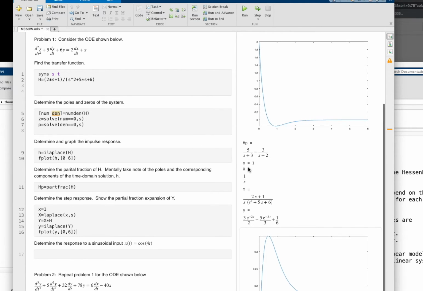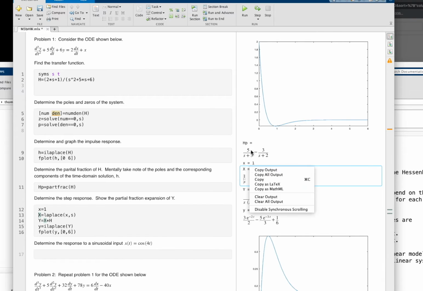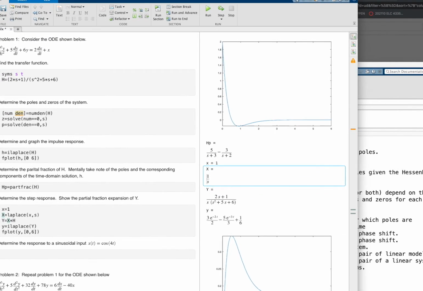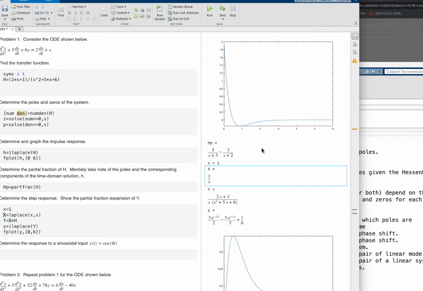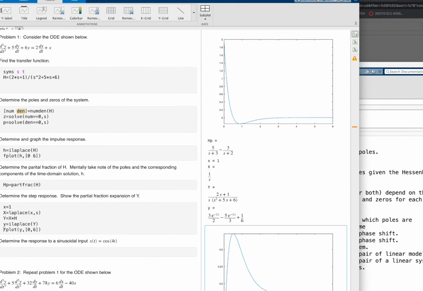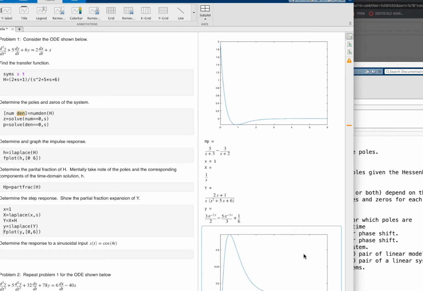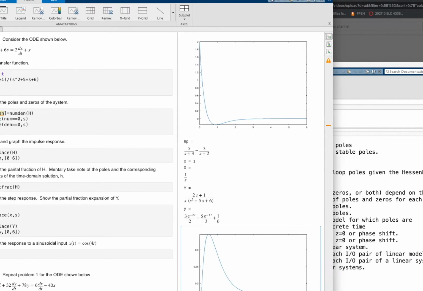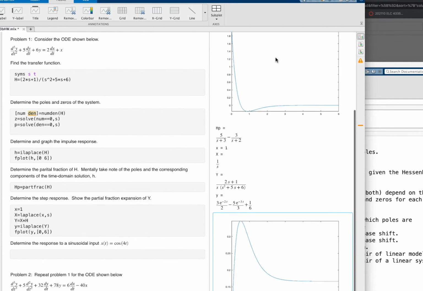Okay, so what I see here from the plot is, let's see if I can move this window around. I can't get it to scroll. Darn. Okay, so what I see here is here's the step response, and indeed I see the 3 terms. I have the constant term. I didn't show the partial fraction expansion, but we could do that.